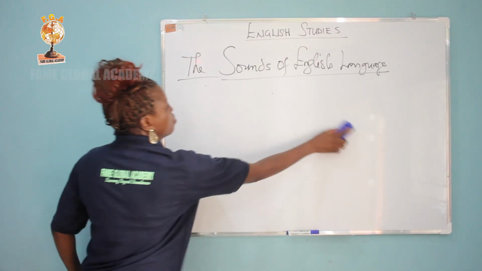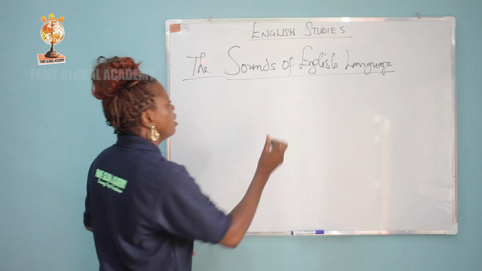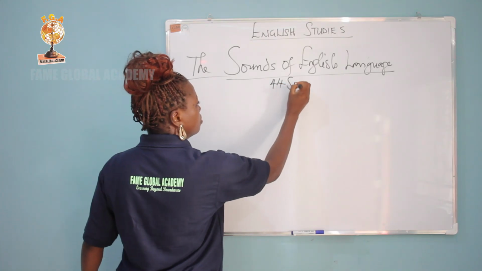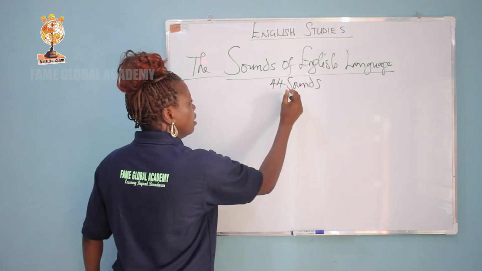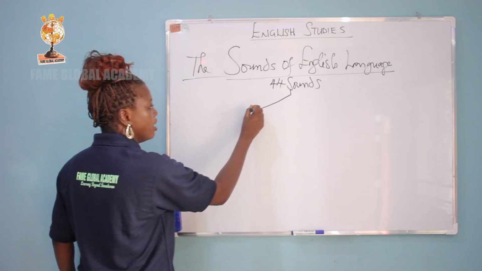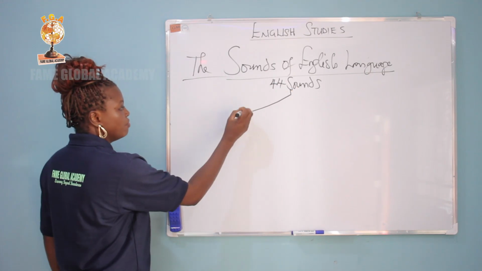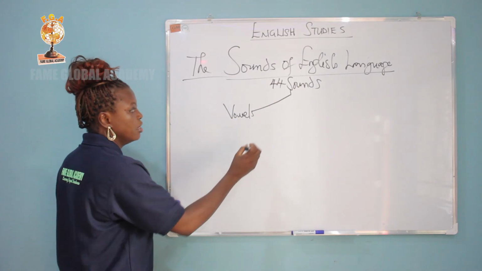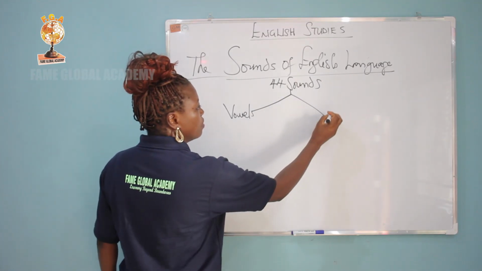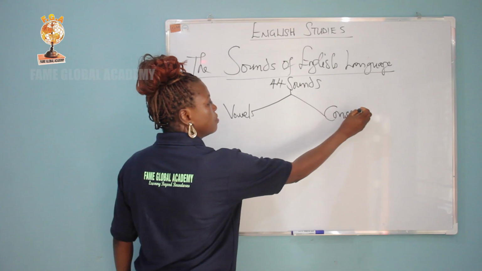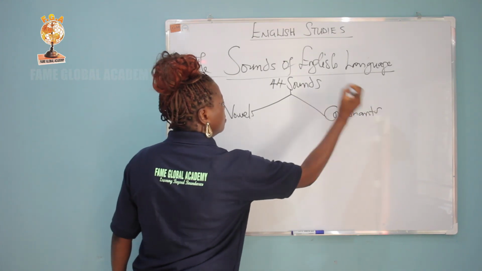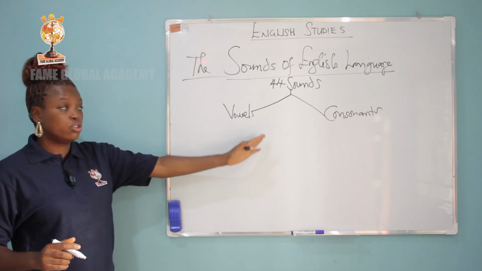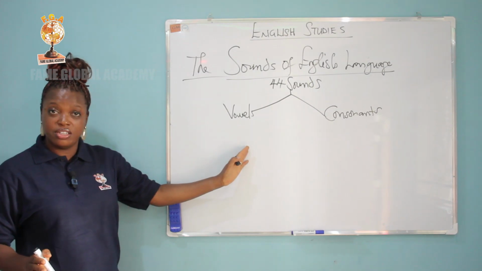So here we have 44 sounds in general, and these sounds are subdivided into two. We have the vowel sounds, and then we have consonant sounds. So these are the two broad groups into which the 44 sounds are divided.